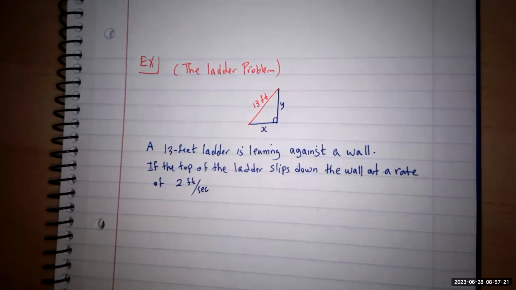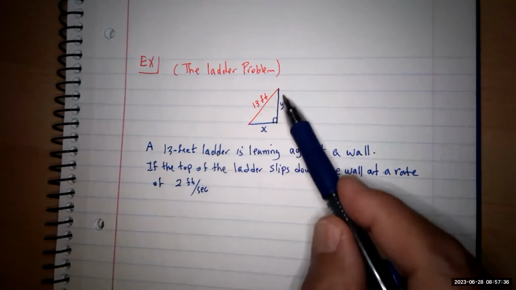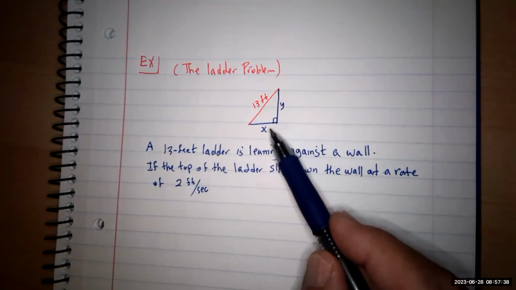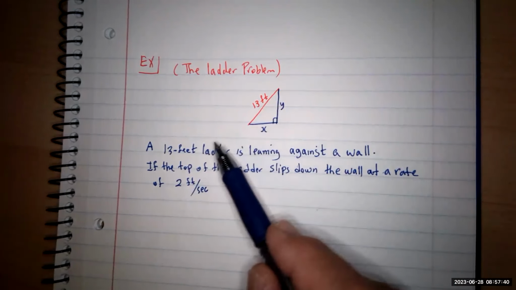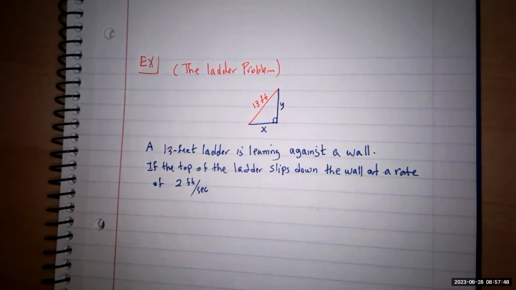Is it dx dt or is it dy dt? dy dt. Excellent, dy dt, you see the top. If they say the top, they are talking about the y. If they say the foot, the bottom, that would be dx dt. So this is where these two problems are going to be different from each other. So be careful. Very good.